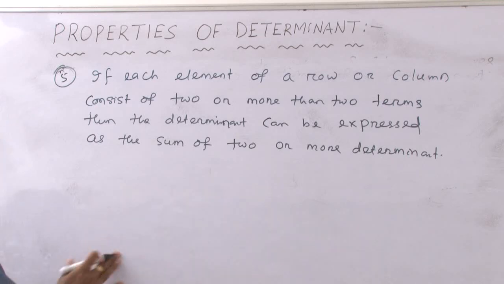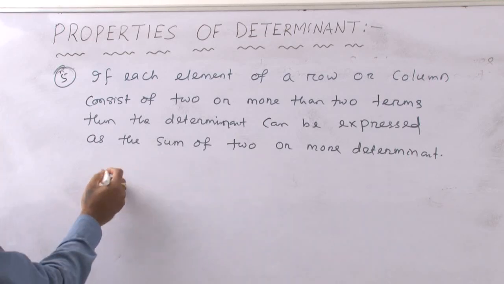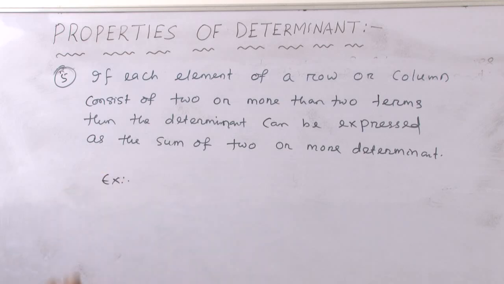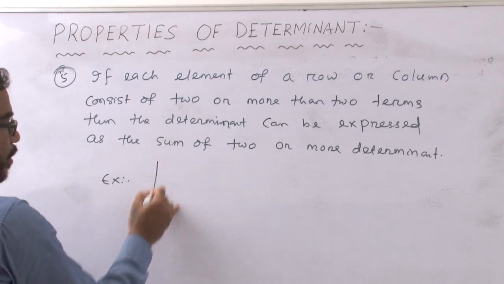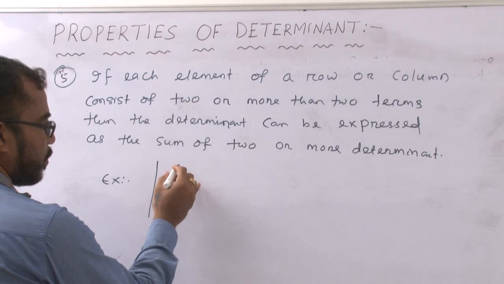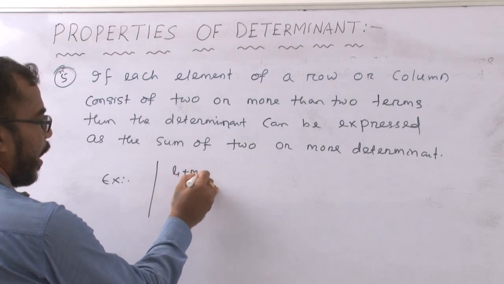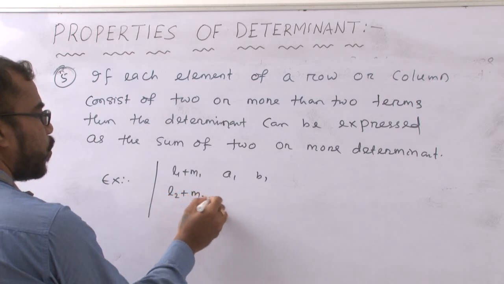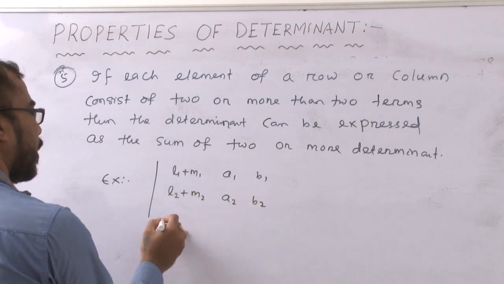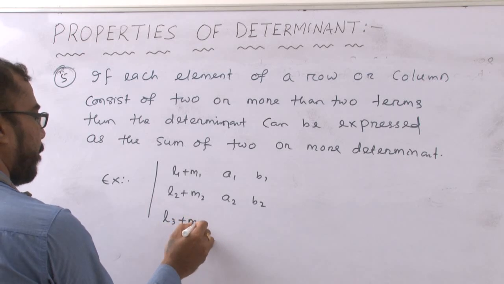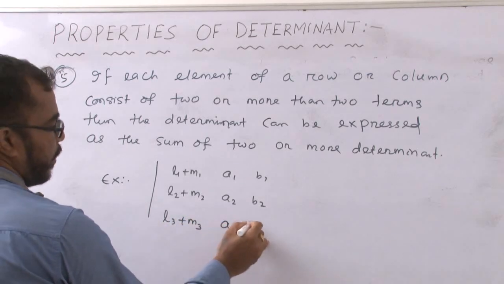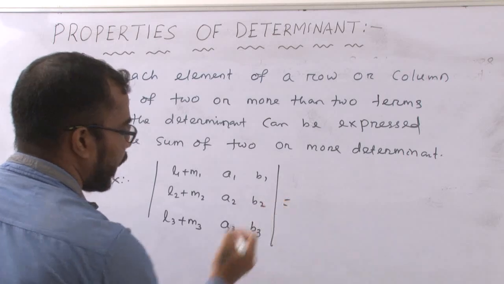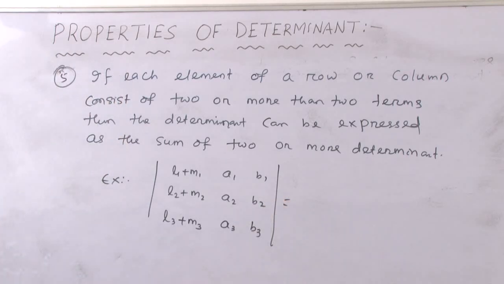So here we take an example to understand clearly. Suppose we take the determinant with rows L1 plus M1, A1, B1; L2 plus M2, A2, B2; and L3 plus M3, A3, B3. So we take a third order determinant, as you see.